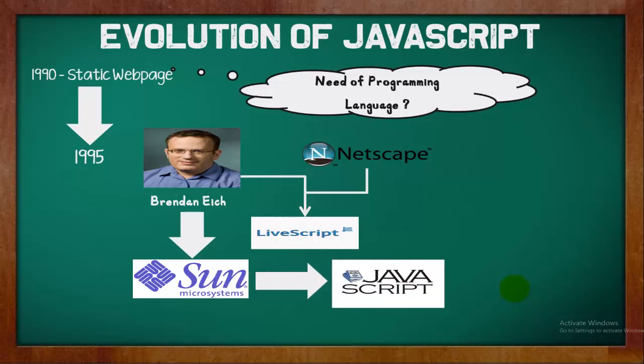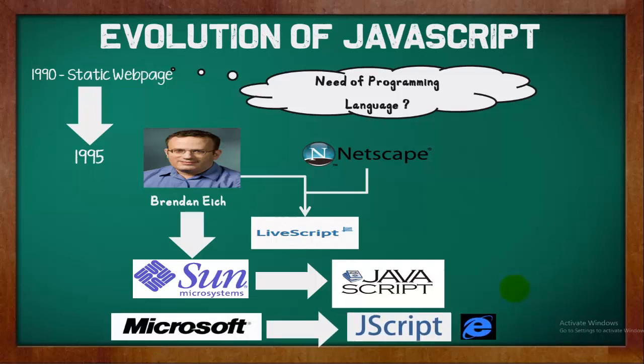Later, this JavaScript, handled by Sun Microsystems, was very popular in those days. Suddenly, the Microsoft company came in, and they also created a new scripting language known as JavaScript. The problem with that version was that it works only in Internet Explorer. It doesn't work in any other browsers. So that was another big flop.